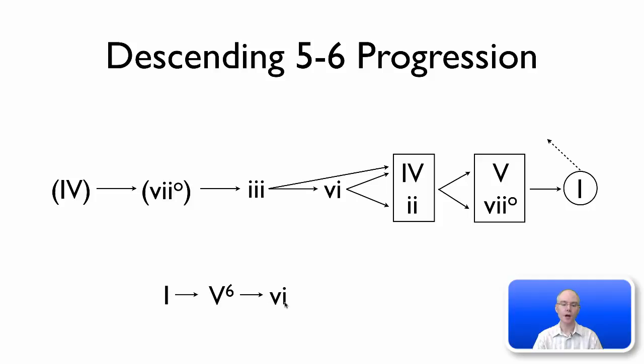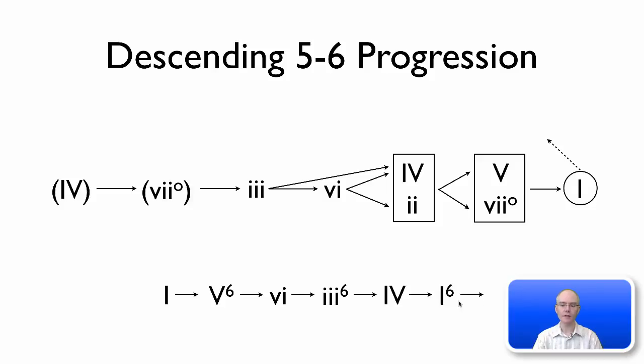So from the 6th, up a 5th would be the 3 chord, and we get that 3 in first inversion. And notice this, 1 to 6 is down by a third. So I'm going to guess that the next one, if we have some kind of pattern here, which we do, is going to be the 4 chord. And that's, of course, what we get. And the 5th above the 4 chord is the 1 chord. We put that in first inversion.